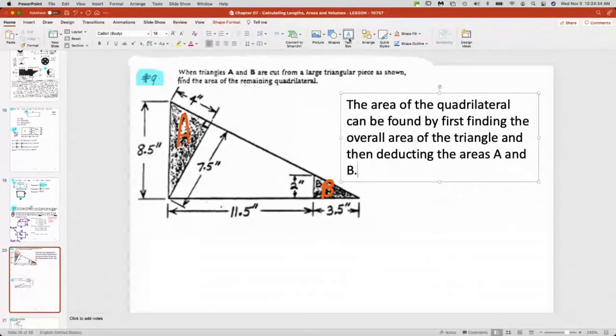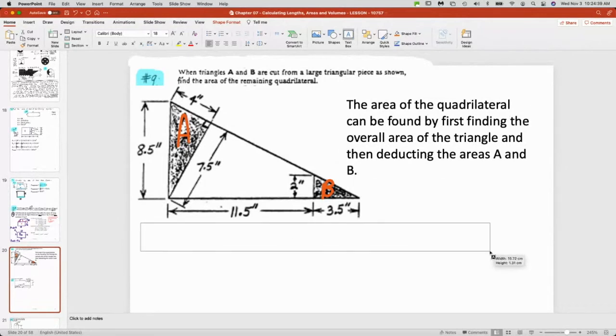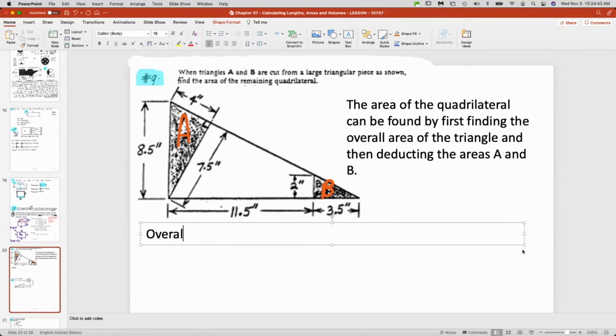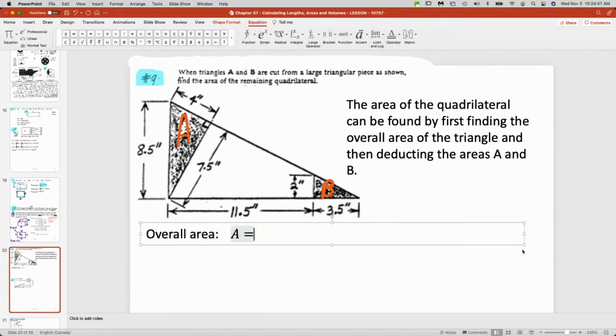I'll make a list of calculations below. So that area is going to equal half base times height.